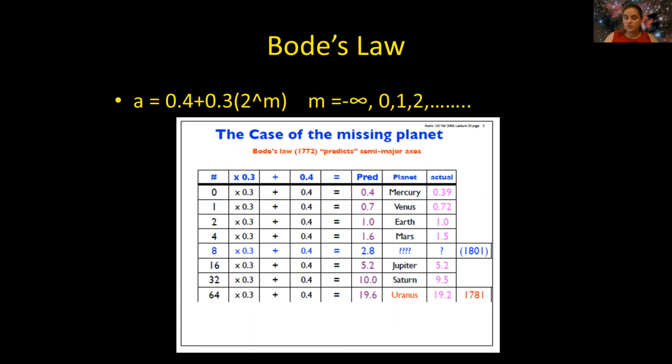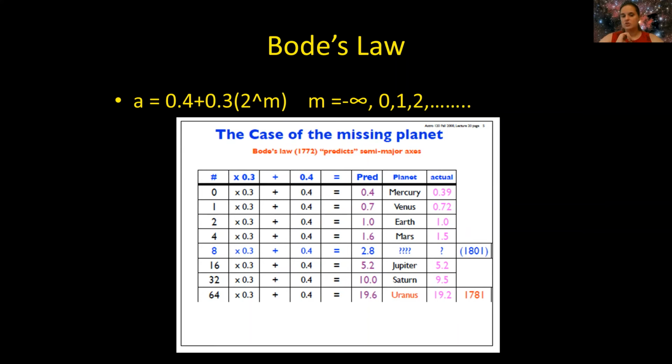And with his formula, he was pretty close. For example, for Mercury, he predicted roughly 0.4 astronomical units. It's roughly about 0.39, so pretty darn close. And for Venus, 0.7, Venus is 0.72. And so on. So he was in the rough ballpark of where some of these next planets should be.